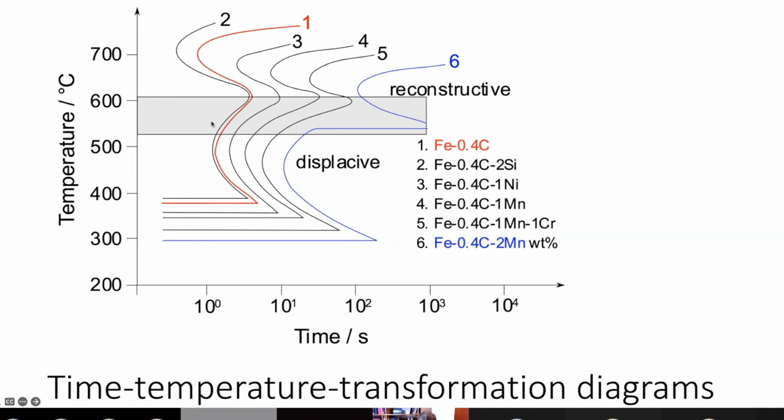This regime is approximately the same as what I showed you in the previous slide, the temperature range over which you give way from things like ferrite and pearlite to bainite and martensite. Okay, so this should give you a clear picture of the domains in which you can get either reconstructive or displacive transformation as a function of the slowest diffusion coefficient and of the magnitude of the chemical free energy change when austenite changes into your product.